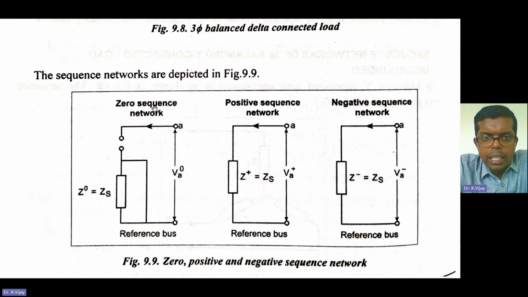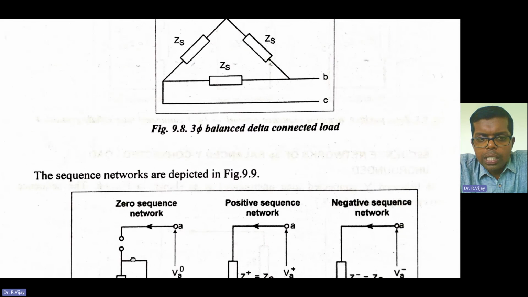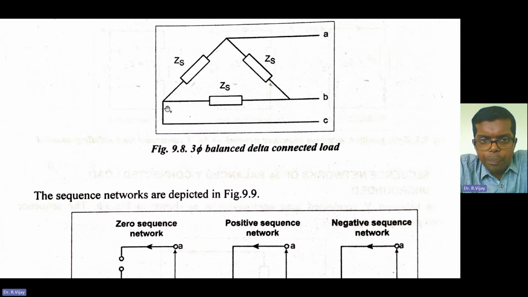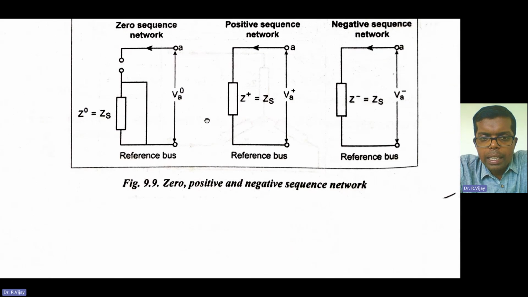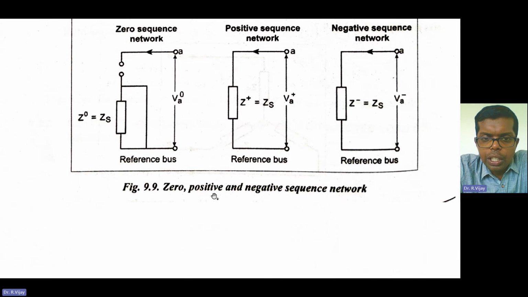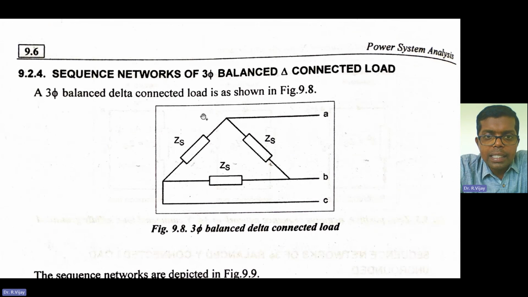In the zero sequence network there is no path for zero sequence current, so it is open here. These are the zero, positive, and negative sequence networks for this three-phase balanced delta-connected load with the impedance ZS as mentioned here.